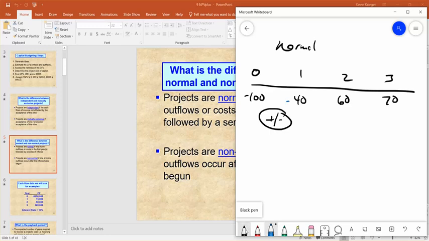This would also still be normal if I had more negatives before they turn positive. But what I can't have is the sign change more than once.